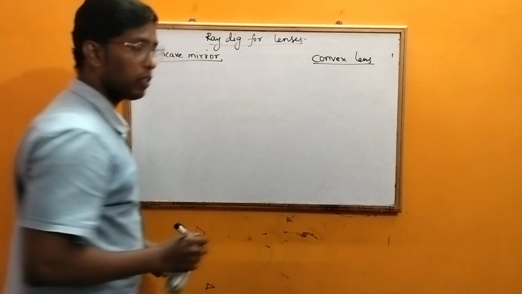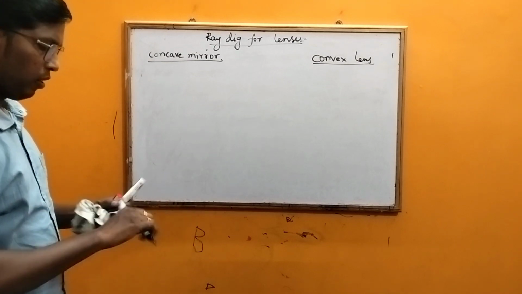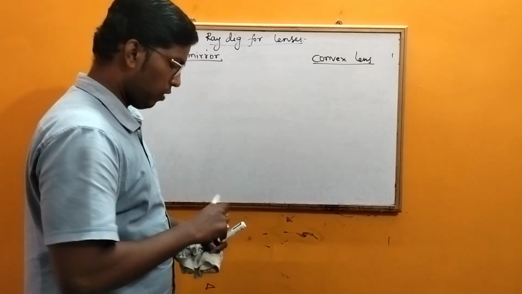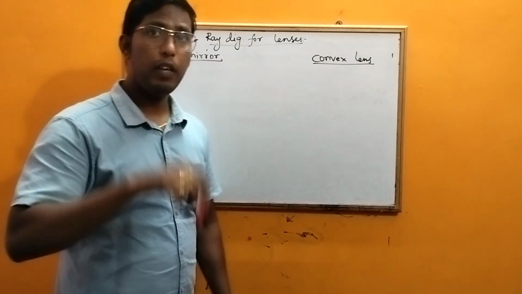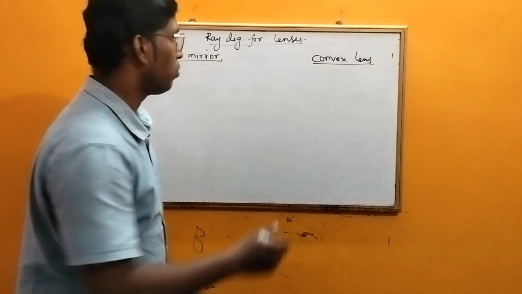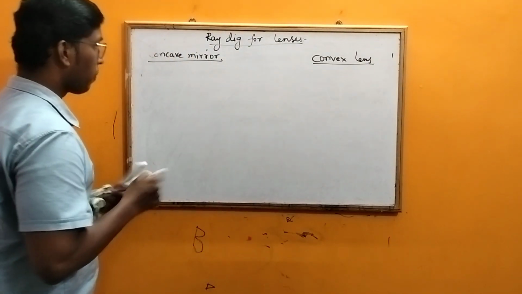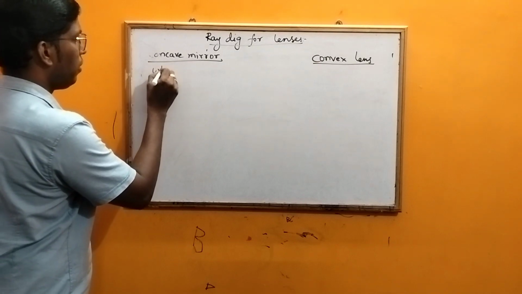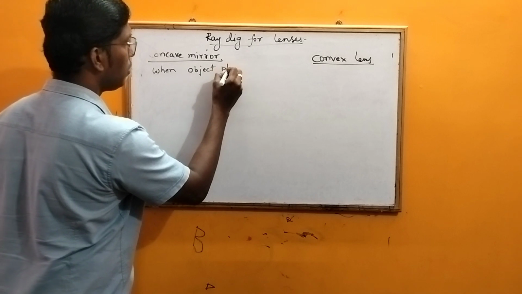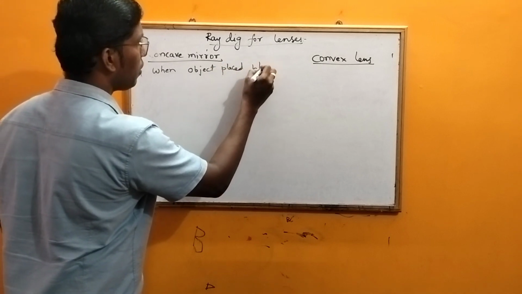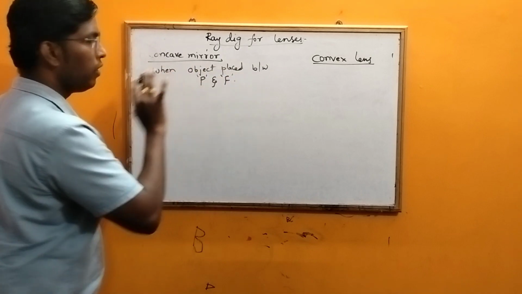What is the first condition I have given you? I told you that you should follow one sequence or one order while drawing the diagram or while learning the table also. That is an easy way. So the first condition: when the object is placed between pole and focus. This is what we have studied in mirror.